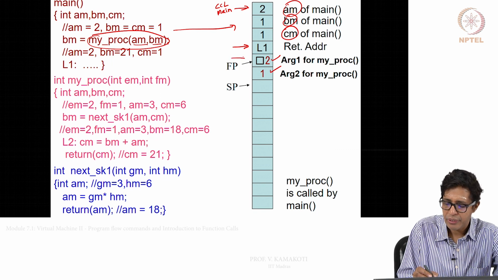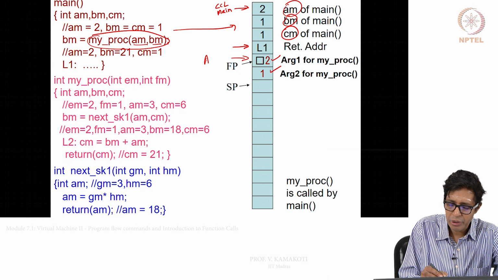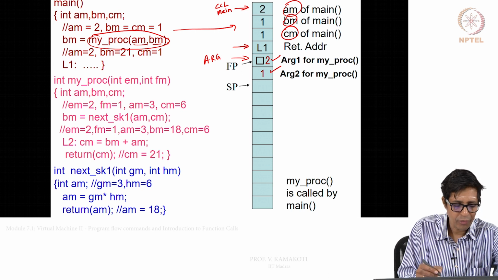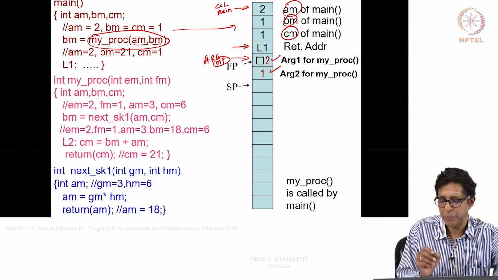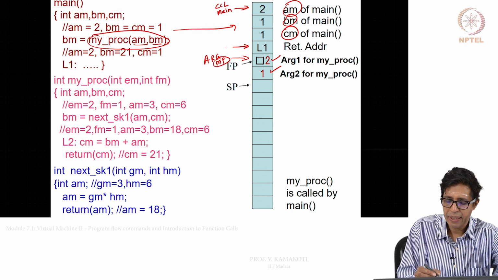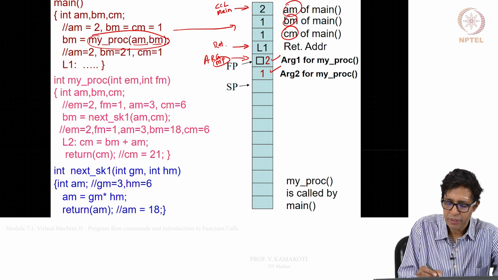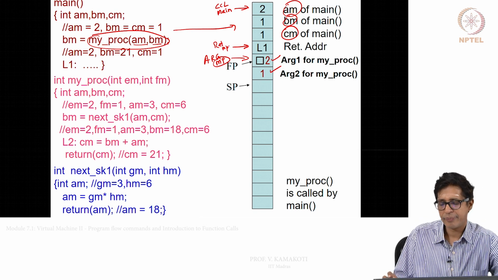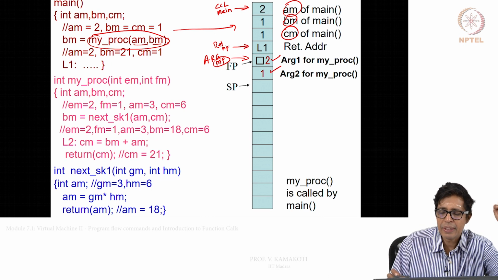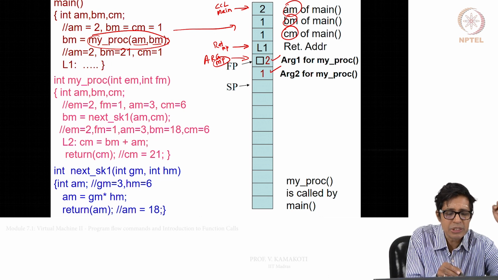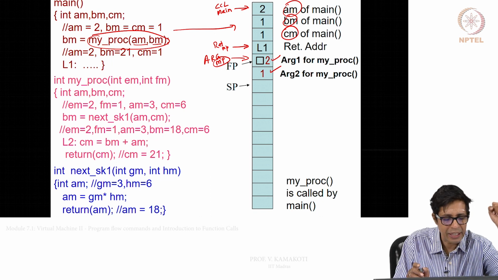So this is now the argument section for myproc. Let me say MP. This is the argument section for MP and this is the return address for MP, right, and your stack pointer is here. This is what has happened when the call actually happens.